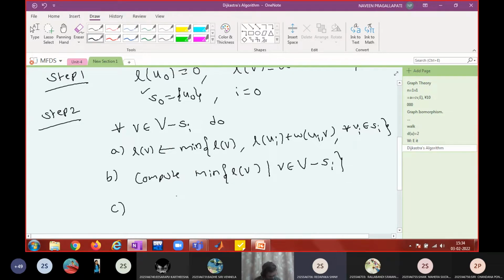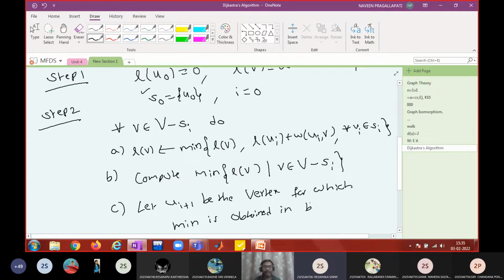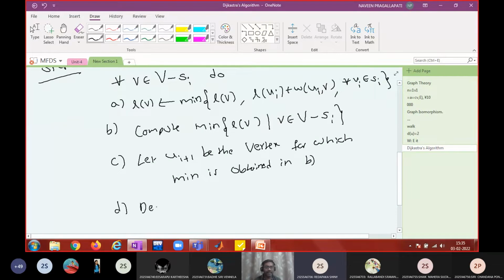Let ui plus 1 be the vertex for which the minimum is obtained in point B. Then define Si plus 1 equal to Si union ui plus 1.